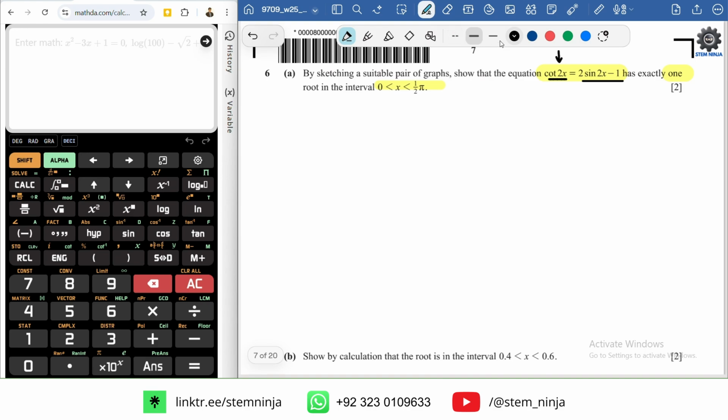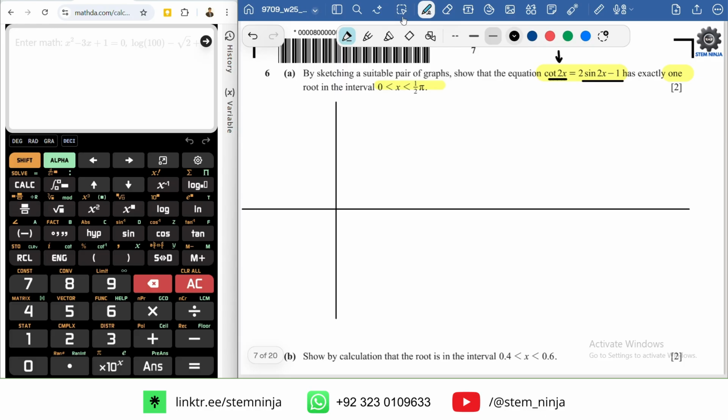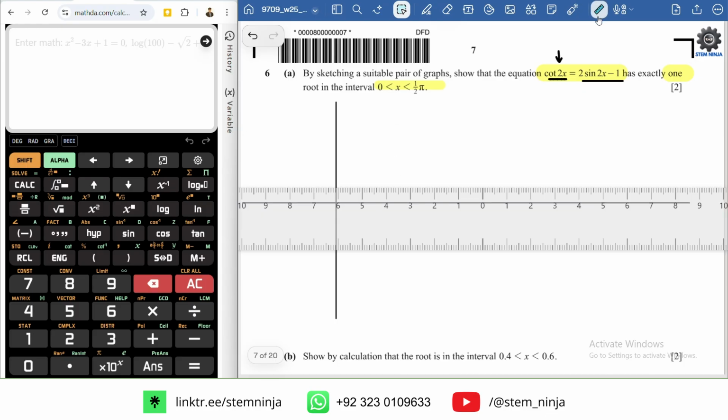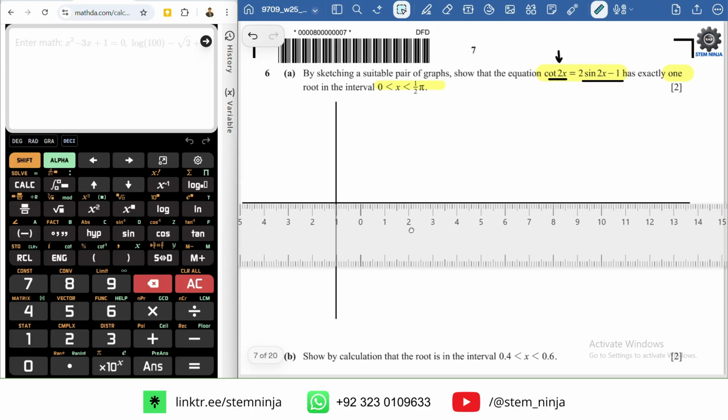Alright, so let's draw them together. Let's choose a thinner line. We can use the ruler to help set up.